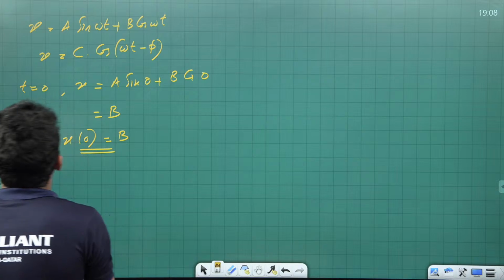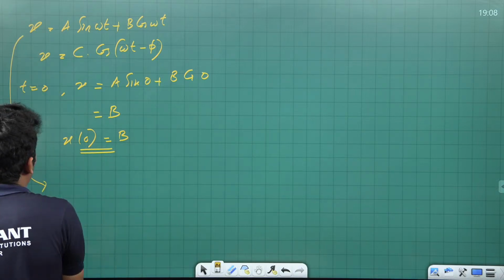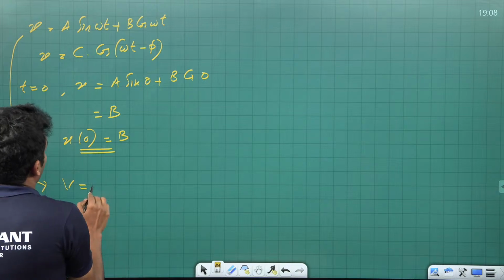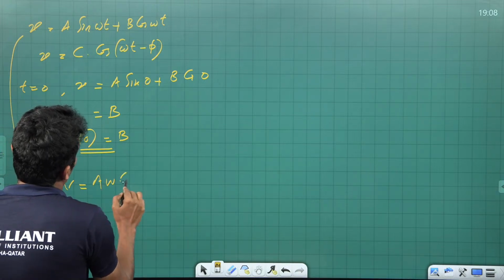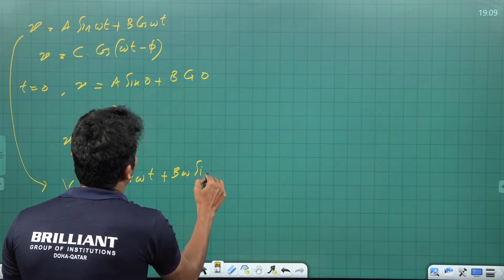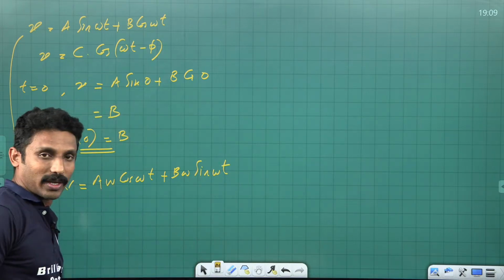Now the velocity of this simple harmonic motion, by differentiating once with respect to time, we get a ω cos ωt + b ω sin ωt.